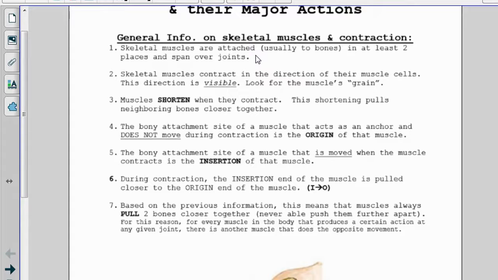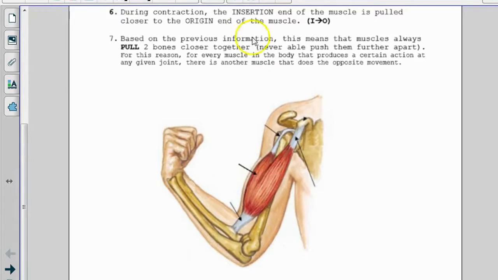Rule number two, and this is really important to help you predict the action of the muscle, is that skeletal muscles will contract in the direction of their muscle cells. And so, for example, let me show you, you can see the grain of this muscle is kind of running long ways on the arm.